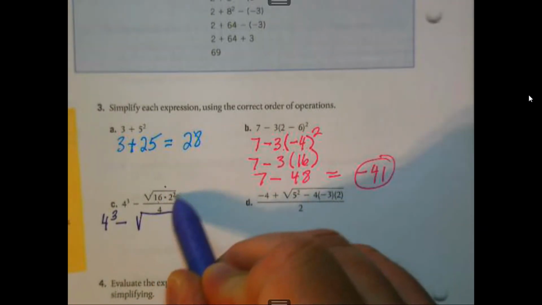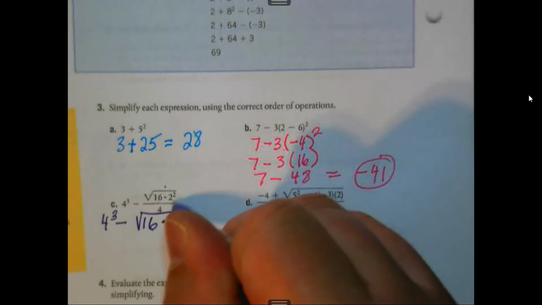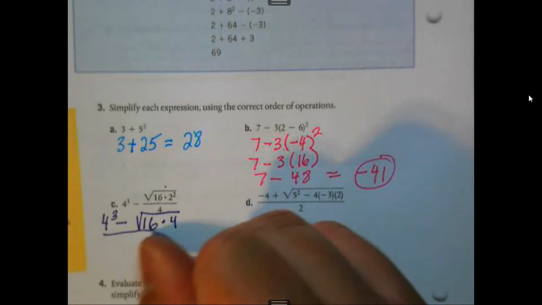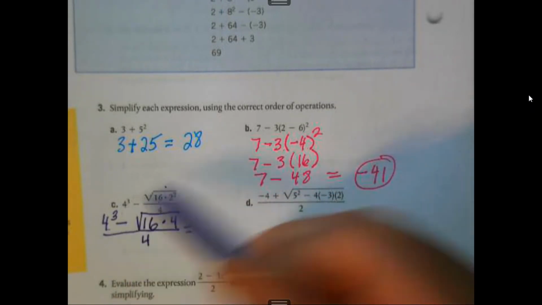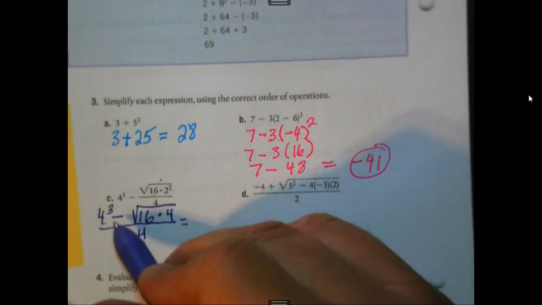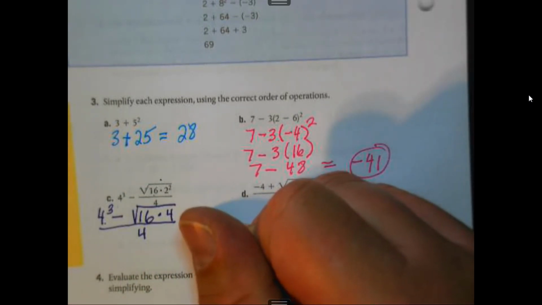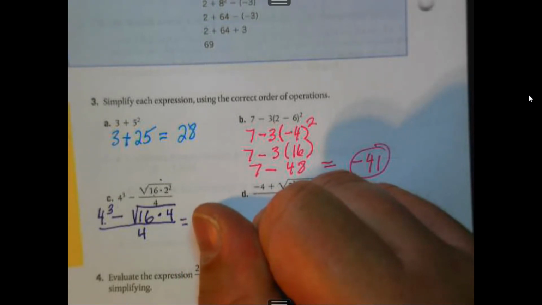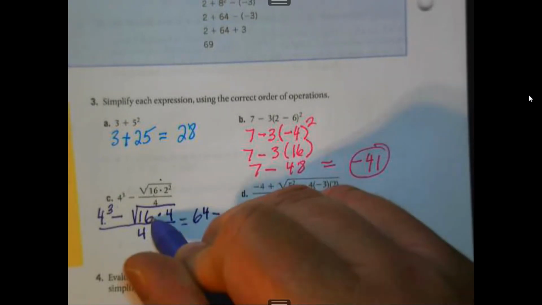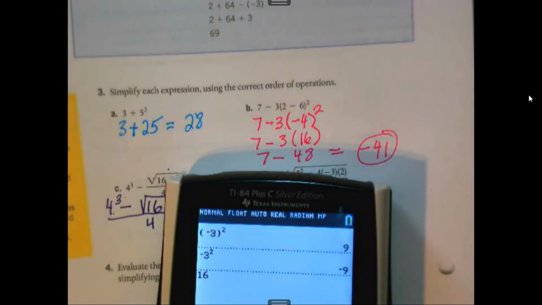There's an exponent, so that's first. 16 times 2 squared is 4, so 16 times 4. 4 cubed, I'm going to go ahead and do that because there's nothing attached to it. 4 times 4 is 16, times 4 is 64. And 16 times 4 is 64.